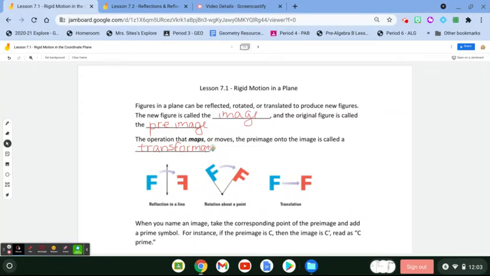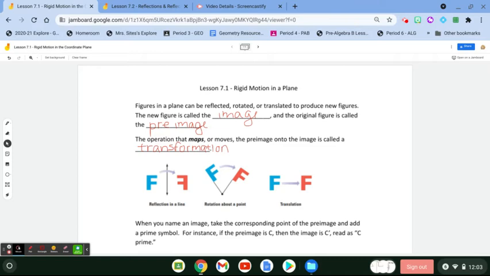You got the idea of what some of those are from the video that you watched earlier. You have reflections, which are your mirror images, rotations, which are your turns, and translations, which are your slides.